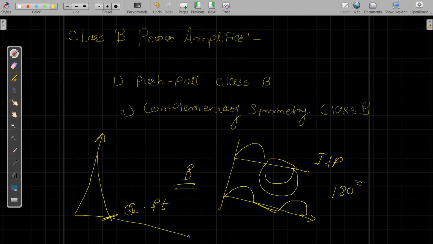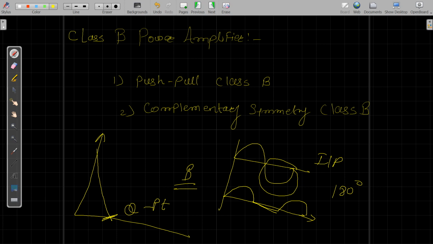One is the push-pull Class B power amplifier, and the other is the complementary symmetry Class B power amplifier. That means it depends on which type of transistors we have, whether they are of the same type or of different types.